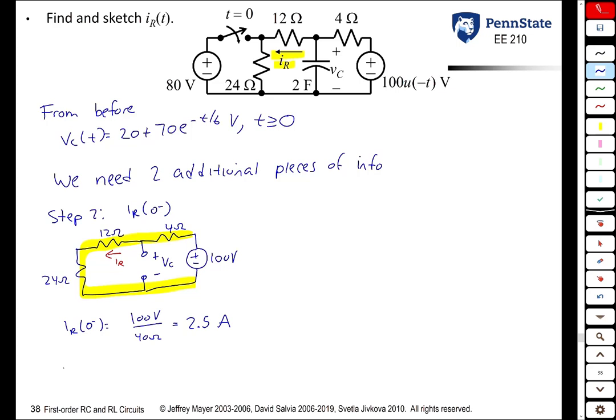I should point out that after the change in the circuit at time 0, IR of 0 plus is not necessarily going to be the same as it is for 0 minus. Once again, for any variable other than Vc or IL, its value could possibly change instantaneously. We'll find out soon whether that's the case here.